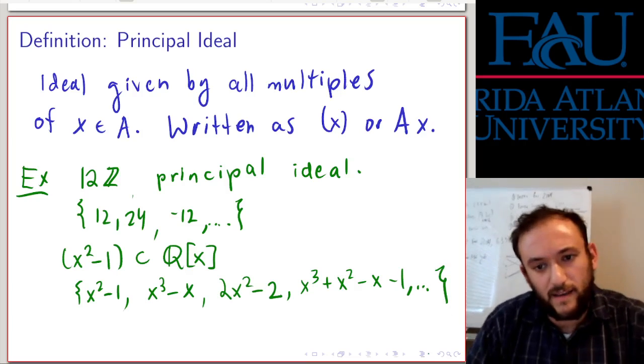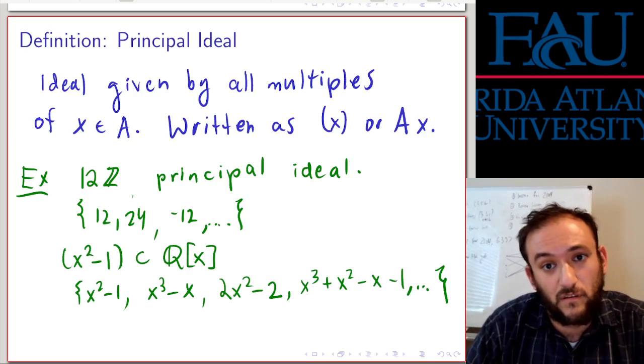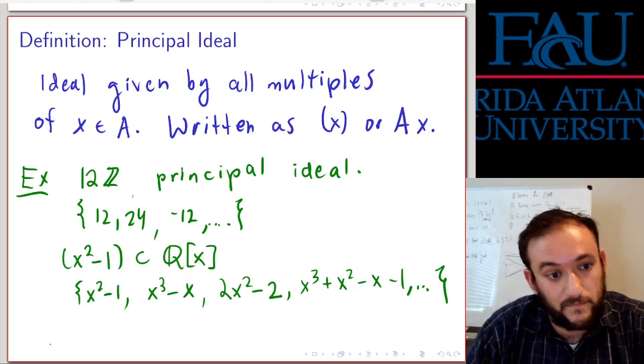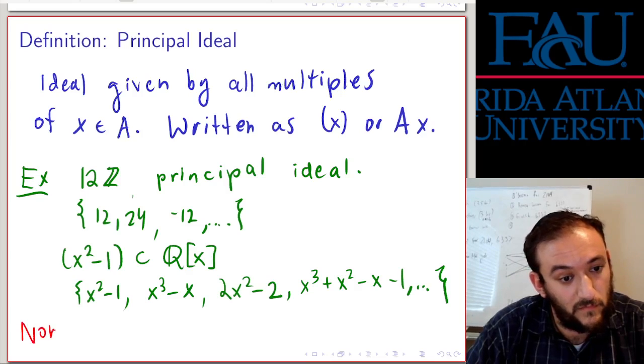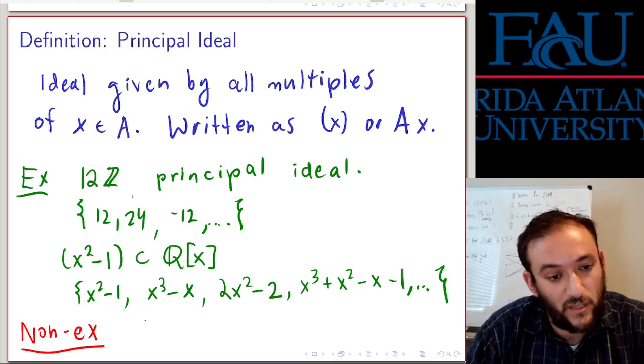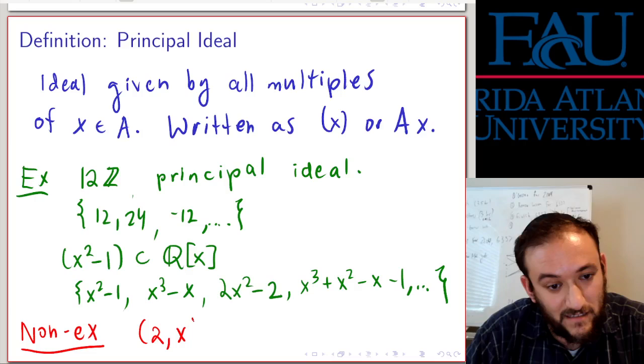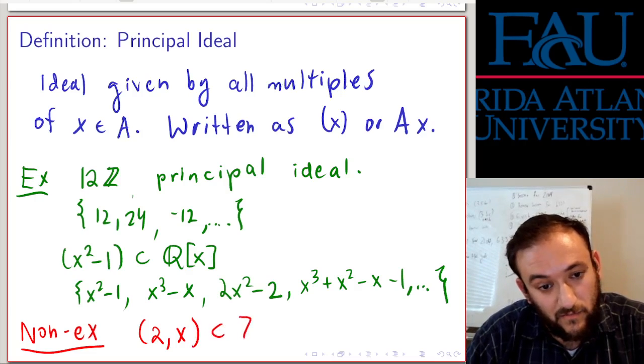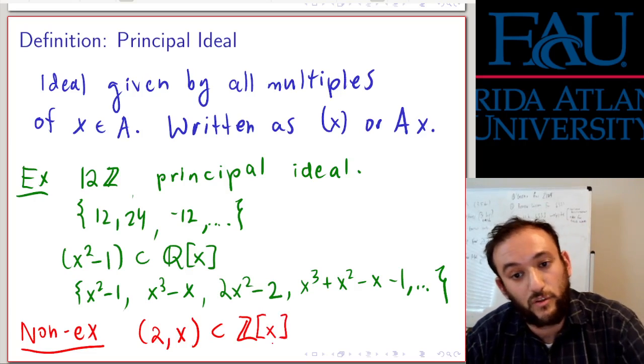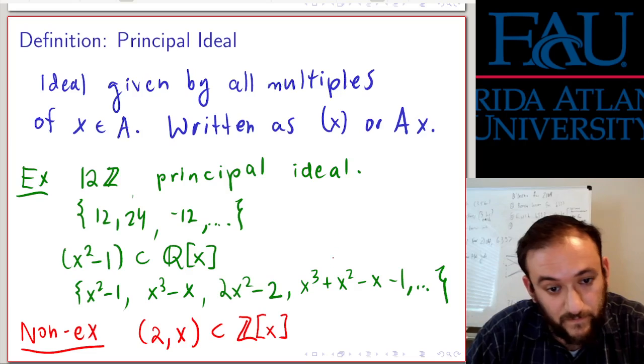Okay, if you want to know something that's not principal, then you could take the smallest ideal containing 2 and x in the ring of polynomials with integer coefficients.